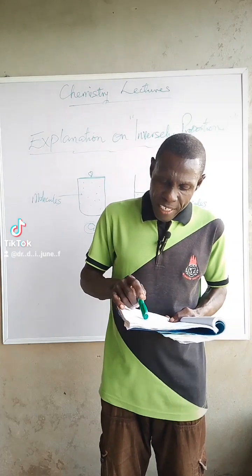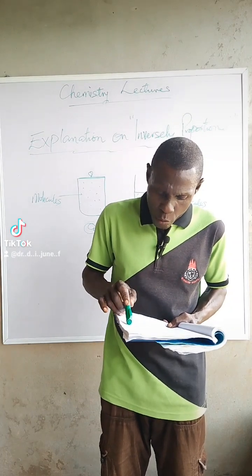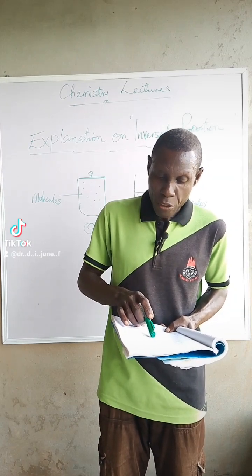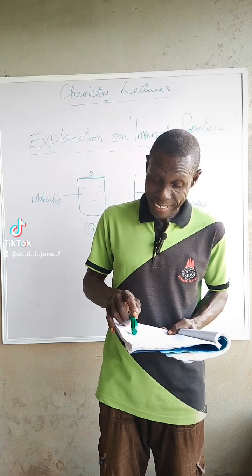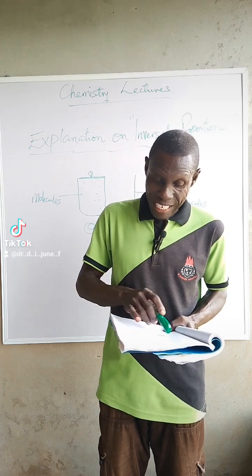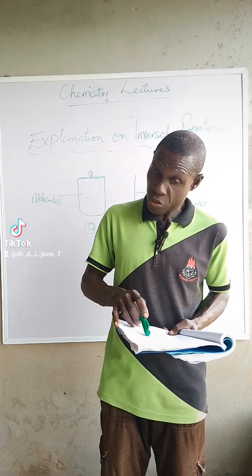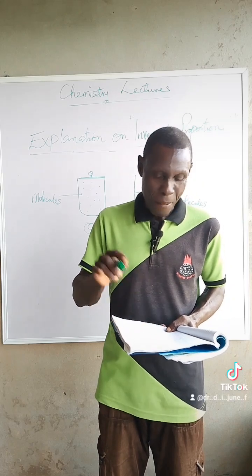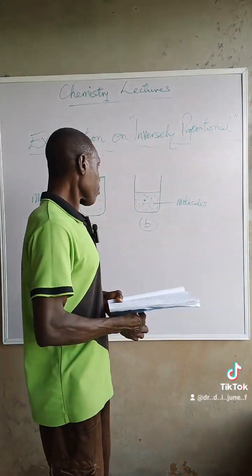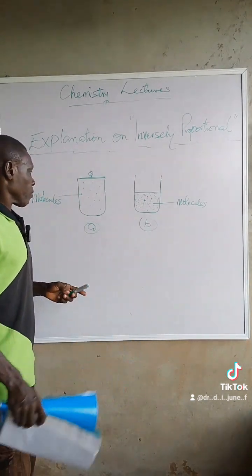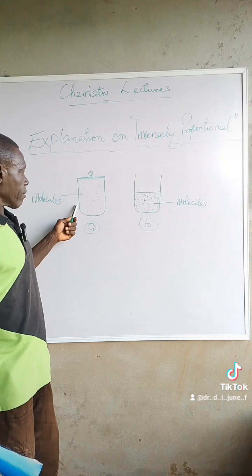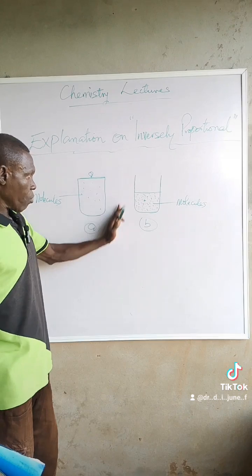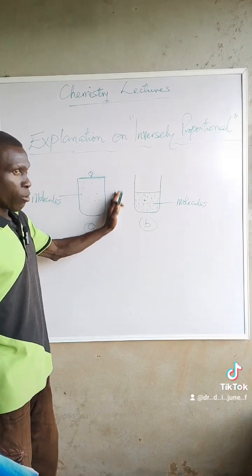So therefore, reducing the volume of a gas means packing more of the molecules into a given space, and therefore increasing the molecular concentration. And this will result in a proportionally higher pressure. Now look at the board. This is a container, and this is also a container, of equal volumes or equal capacity.